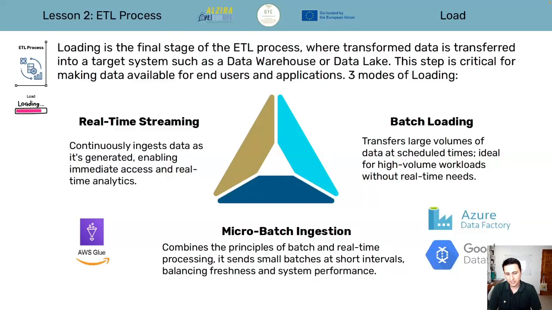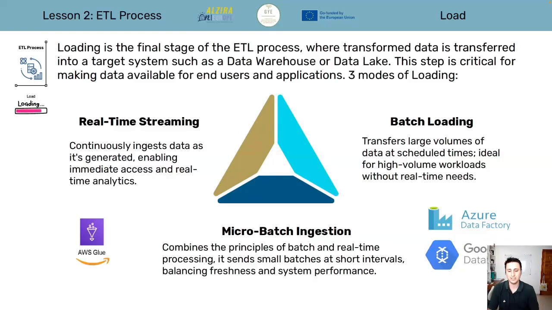And then there is a hybrid solution, which is micro batch ingestion. It's transferring batches, but small ones, micro packages of data, and processing that in real time.